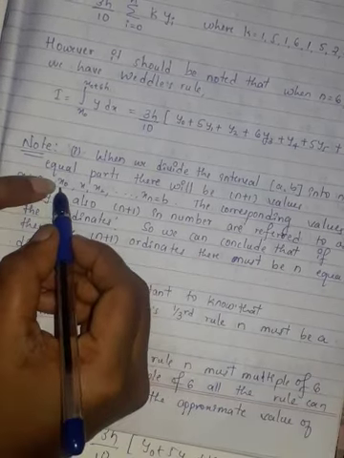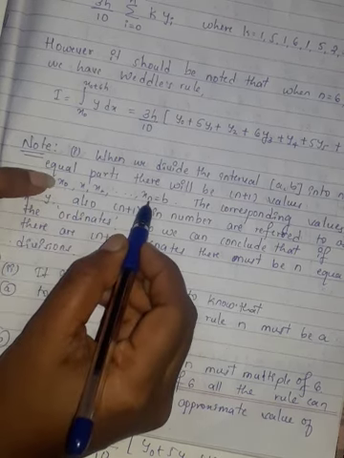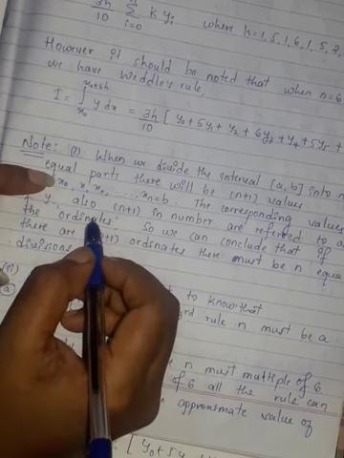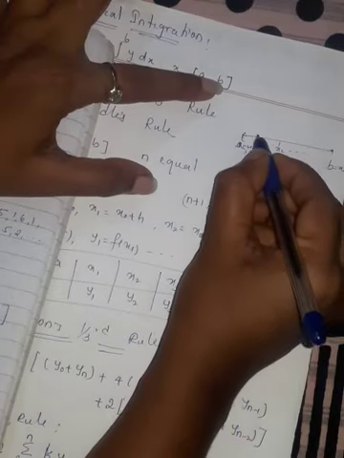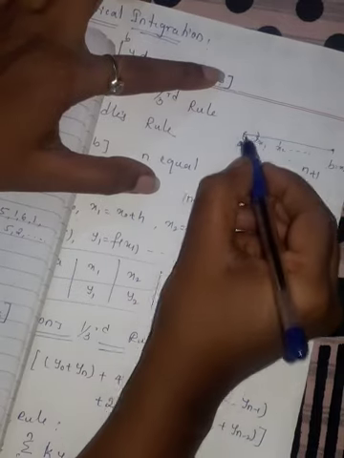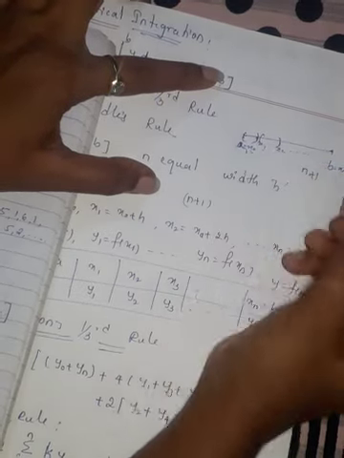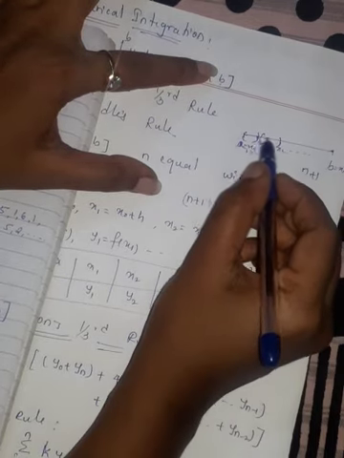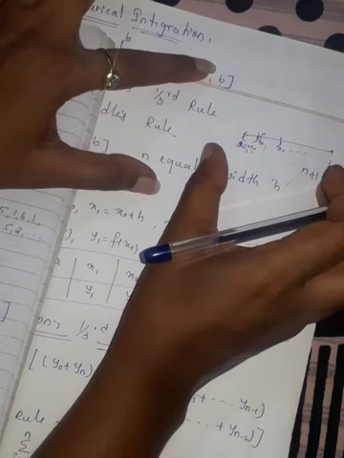Now these points or values x0, x1, x2 up to xn are nothing but ordinates. Between x0 to x1, x1 to x2, x2 to x3, these all are subintervals, these all are parts.